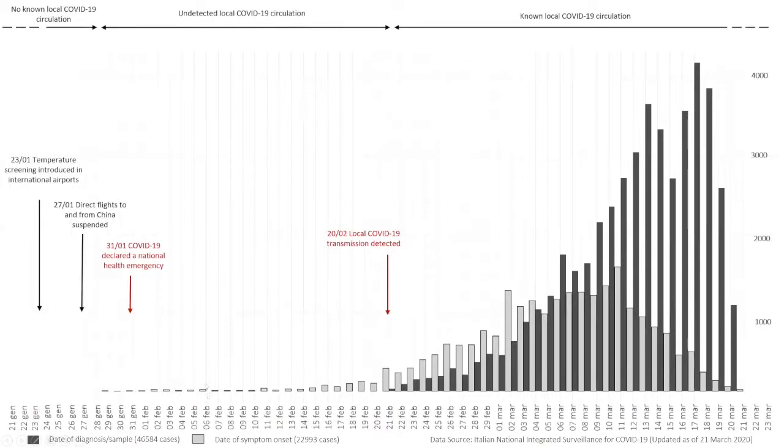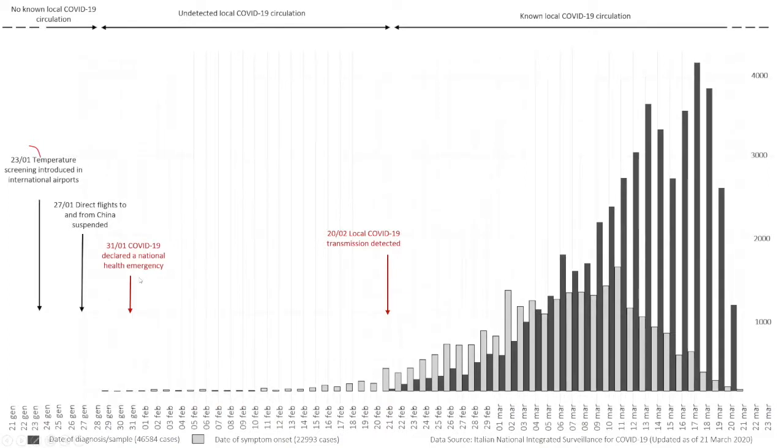The other case was an Italian living in Wuhan, who, once he came back from Wuhan, was in quarantine for 14 days. During this time he had some very mild symptoms like fever, which was checked, and he tested positive on the swabs. The other numbers were reconstructed after we had the first cases.